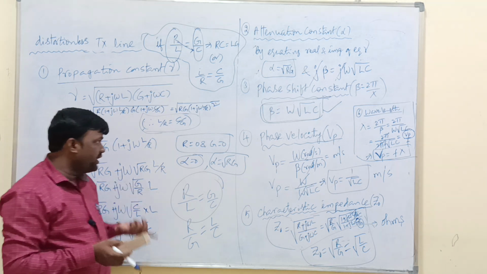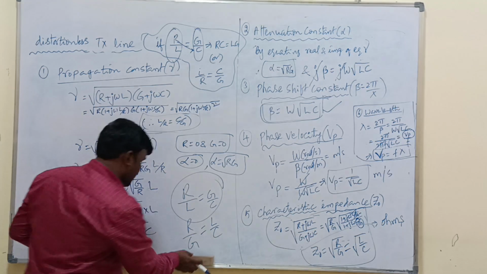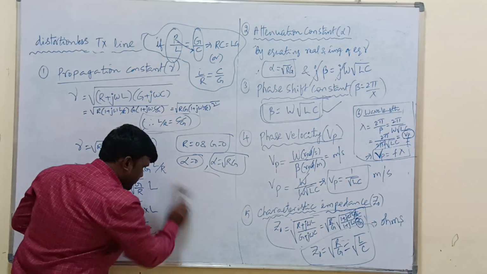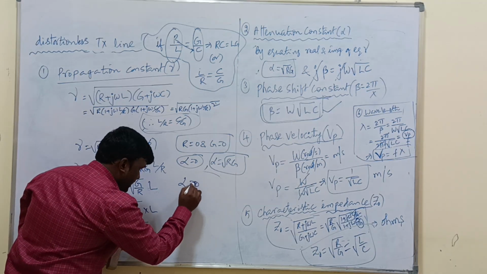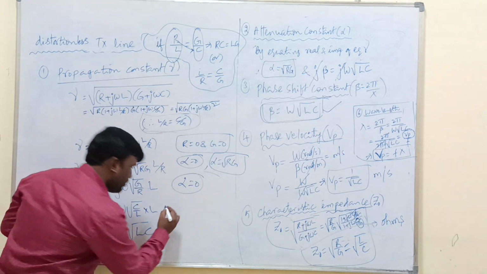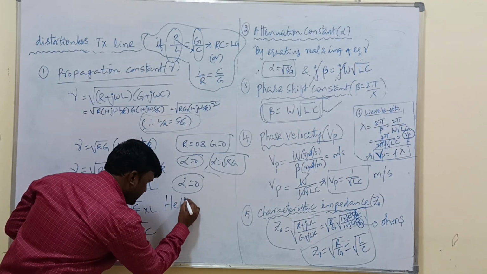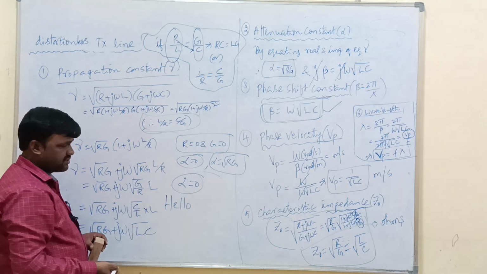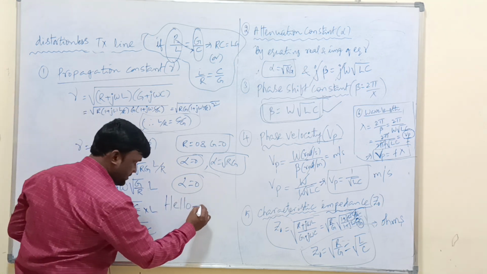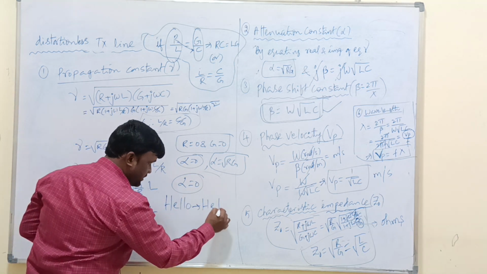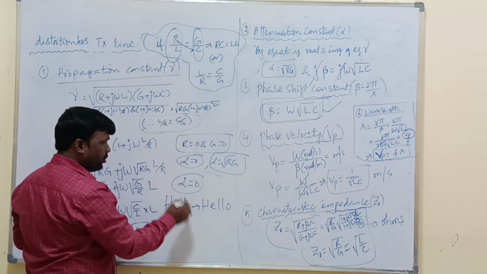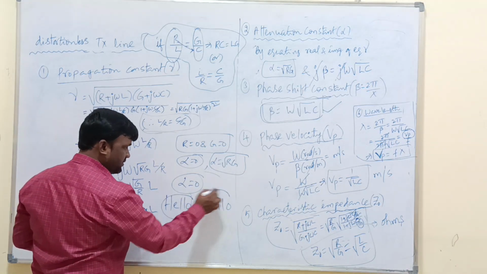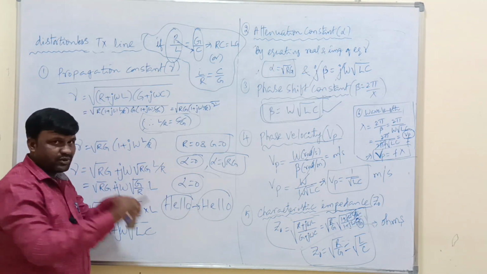What do we need of this distortionless and lossless transmission line? Basically, alpha equal to 0 for lossless. That means there is no attenuation. If I want to send this information, lossless means no attenuation. That means same strength. Signal strength is the same at the input and output.